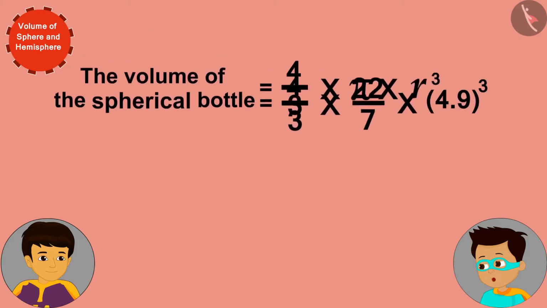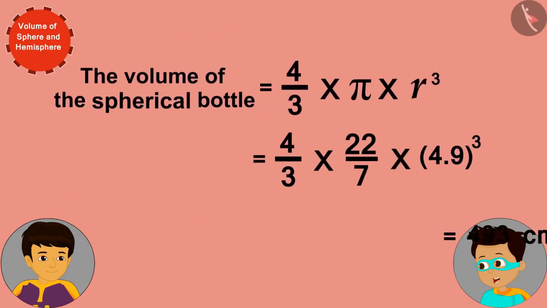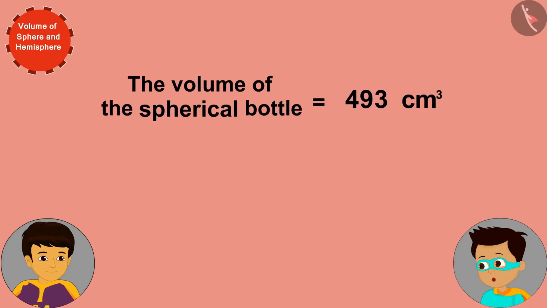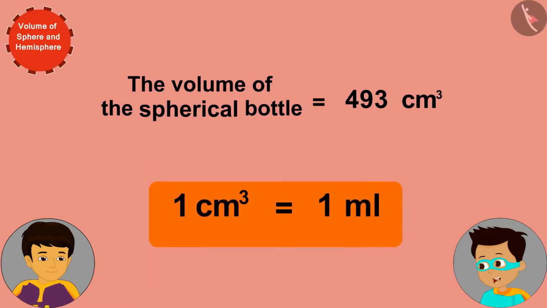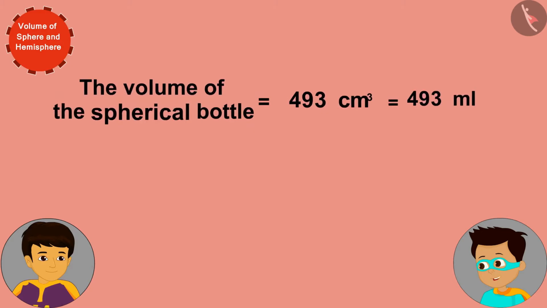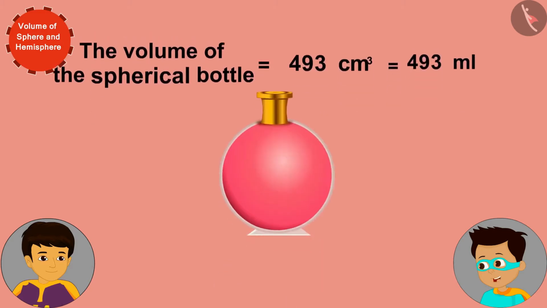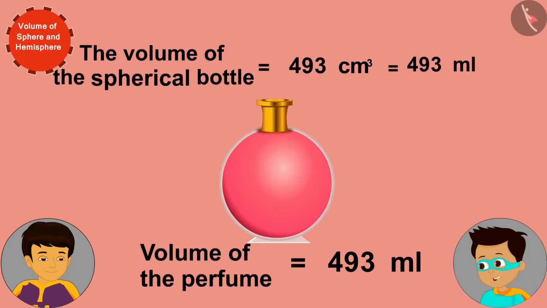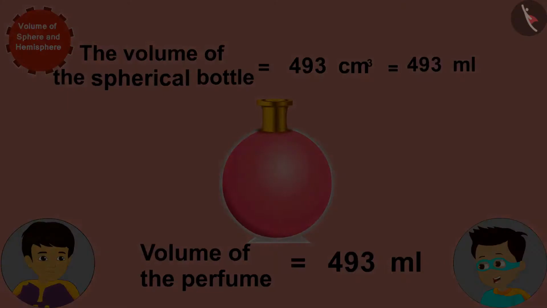Alright, the volume of the spherical bottle is 493 cubic centimeters. And because 1 cubic centimeter is equal to 1 milliliter, we can say that 493 milliliters of perfume is filled in the spherical bottle.